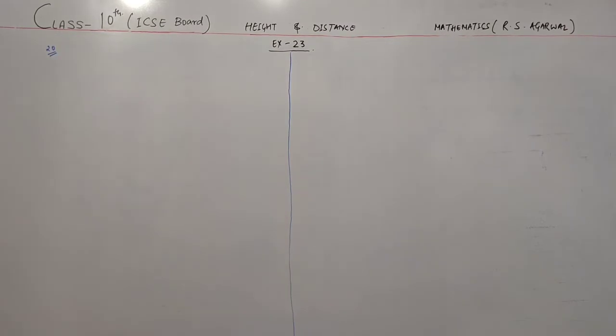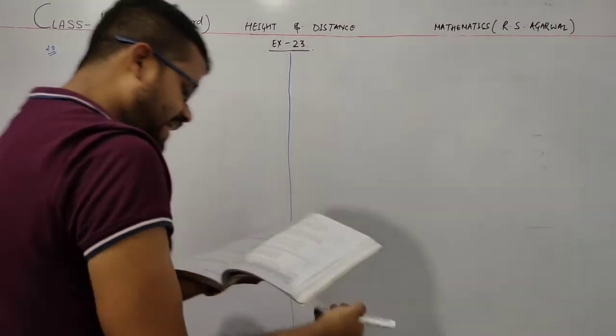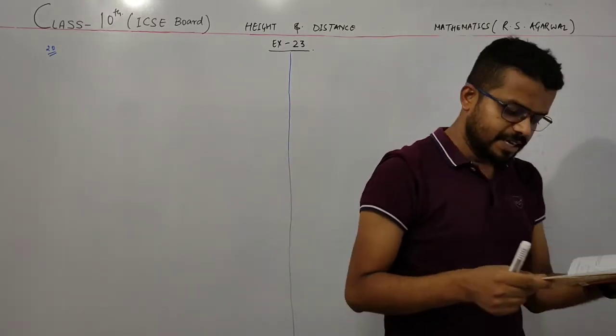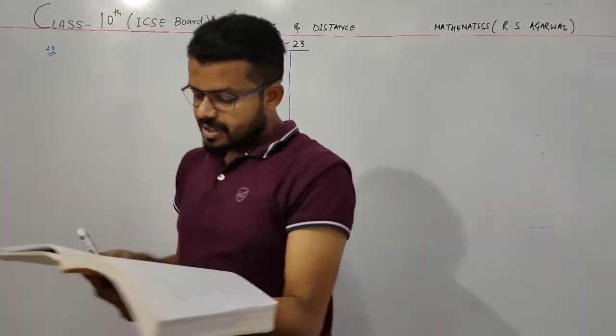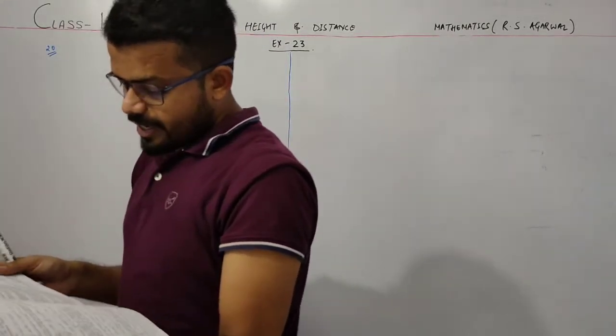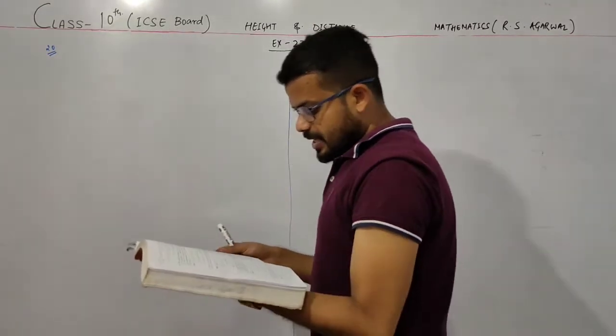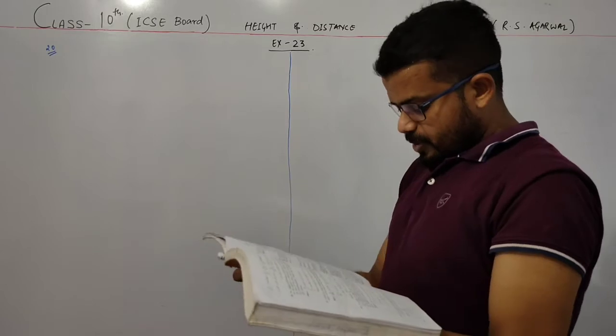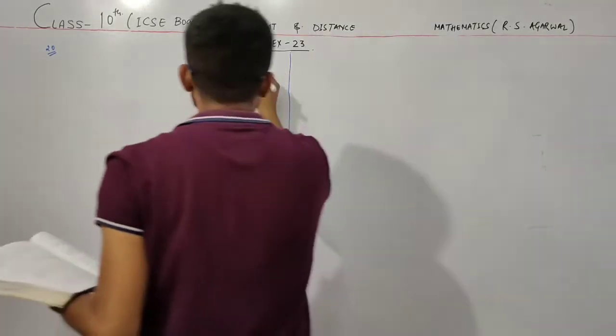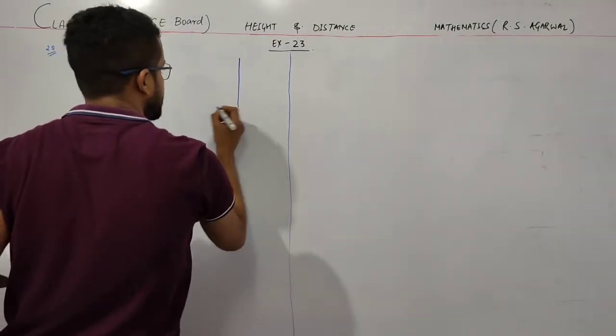So question number 20 is: two men standing on the same side of a tower in a straight line with it. They measure the angle of elevation of the top of the tower. Here is the top of the tower.